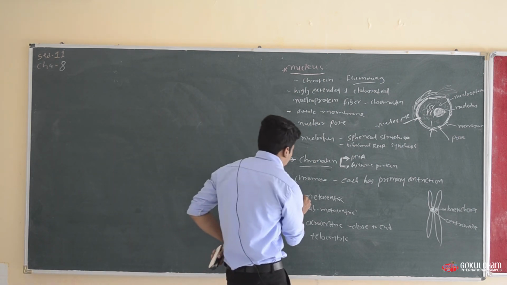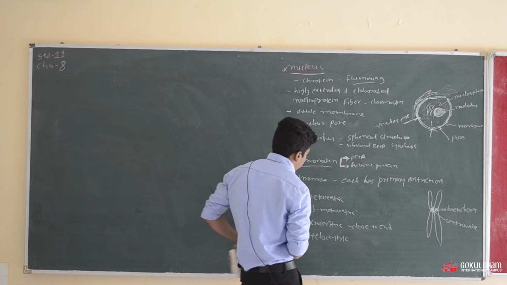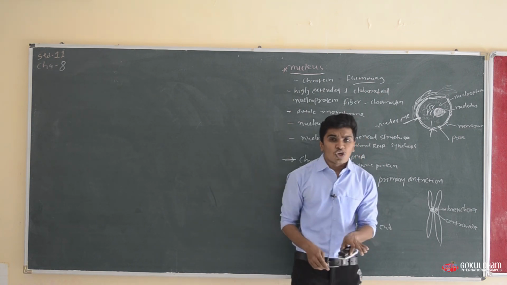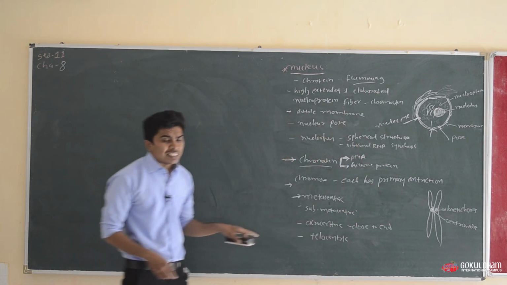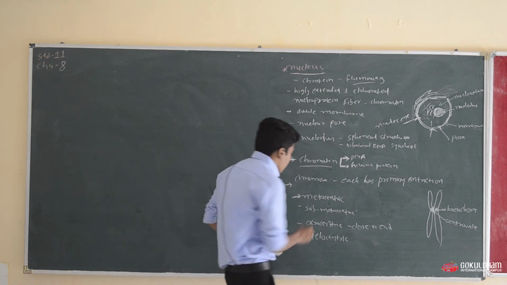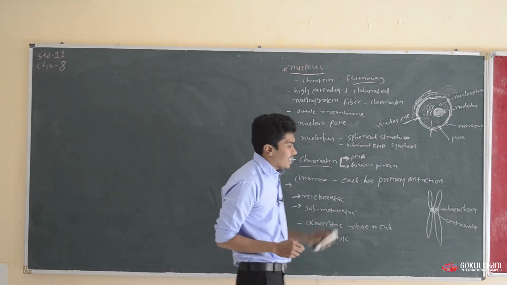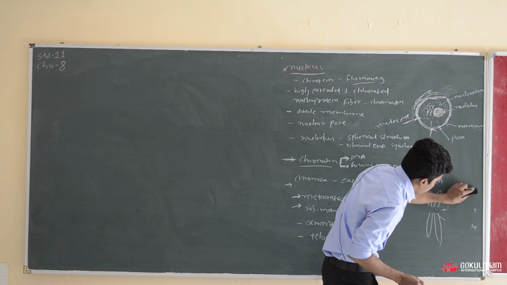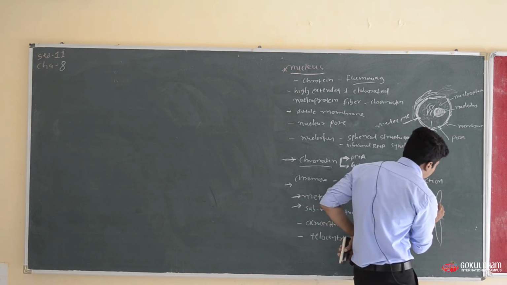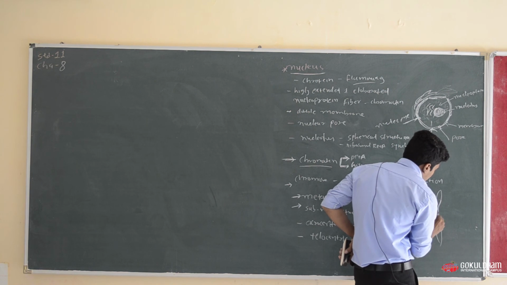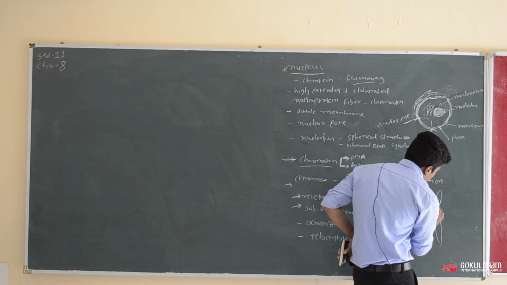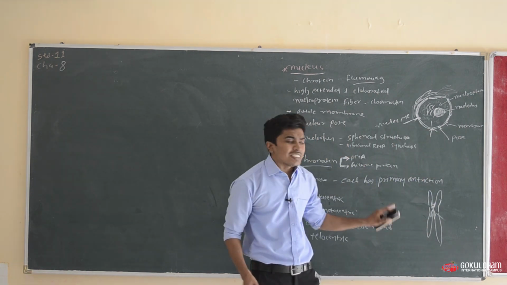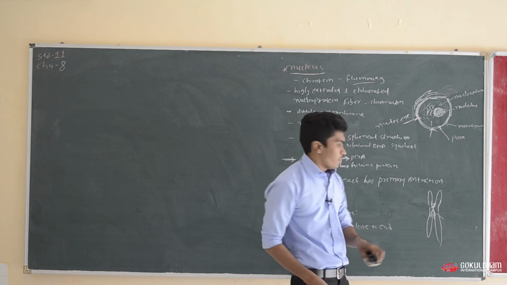The first one is the metacentric chromosome. When the centromere is present in the middle of the chromosome, that type of chromosome is known as a metacentric chromosome. The next type is submetacentric, when the centromere is present slightly away from the middle portion of the chromosome.